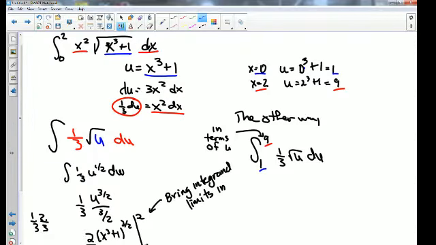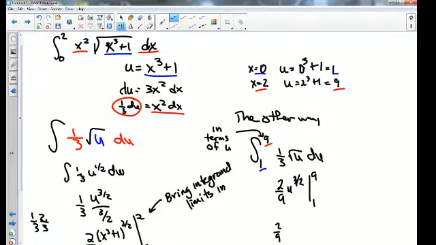Now I don't have to mess with x at all anymore. I can just finish the problem. So my antiderivative is 2/9 u to the 3/2, correct? That's what we did over here, evaluated from 1 to 9. And I don't have to put x back in, because everything's in terms of u. It's easier in my opinion, but that's up to you.